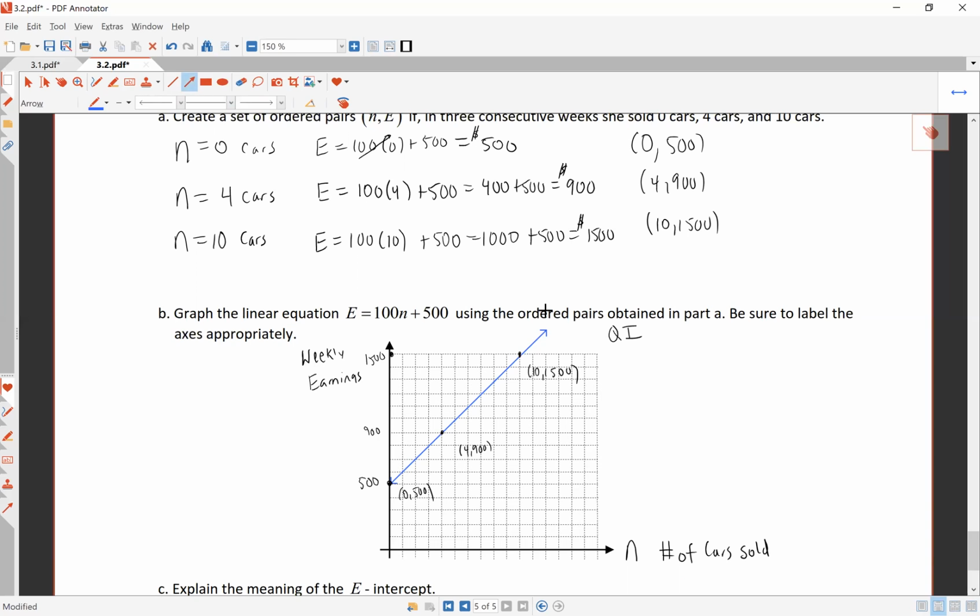Connecting those dots with a straight line. And that's a graph of the weekly earnings for Marta.